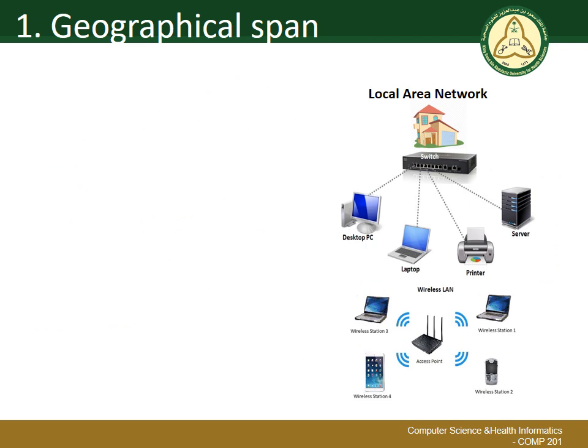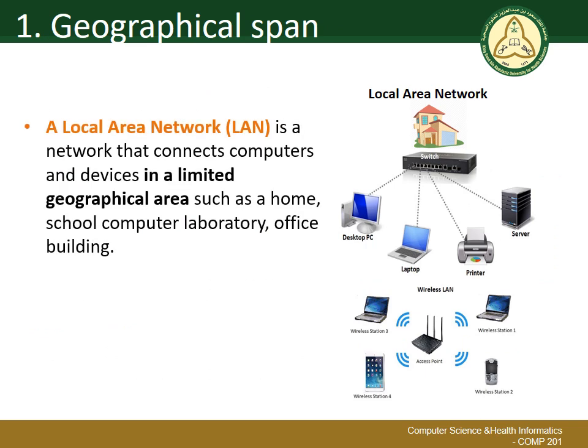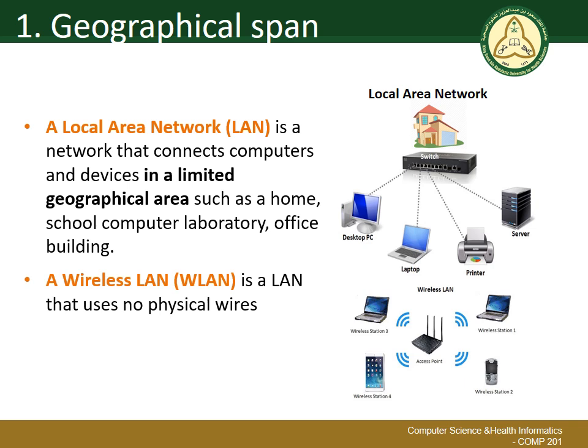Second type of geographical span network is what we call the local area network. With the local area network, the connected devices are located in one room or in one building, such as your home network or your lab at school network, where devices are connected to each other within a short physical distance.